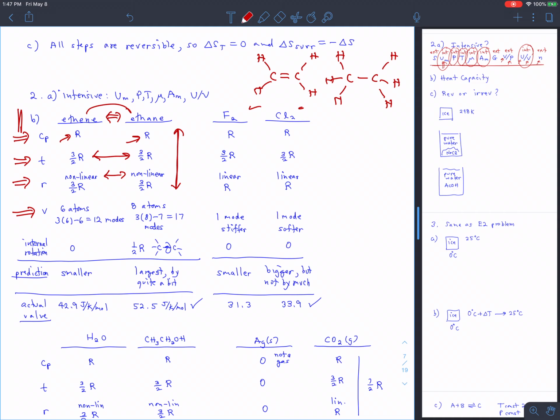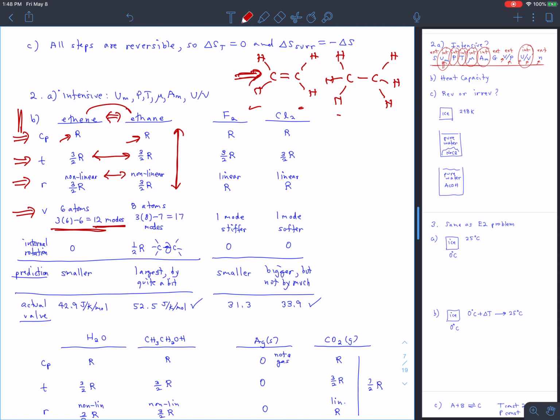For ethene, there are no internal rotations up here, and that means that it's all going to be vibrations, and there are 12 modes of vibration because there are 6 atoms, and 3 times 6 is 18, minus 6 is 12.